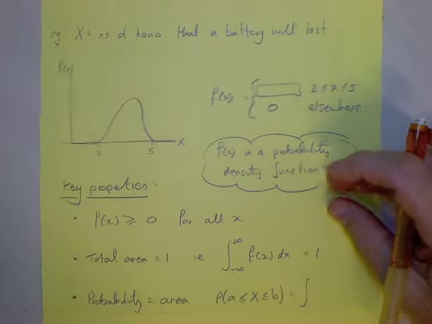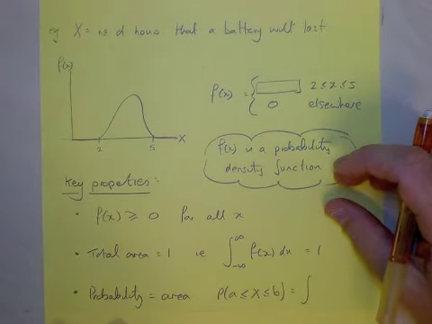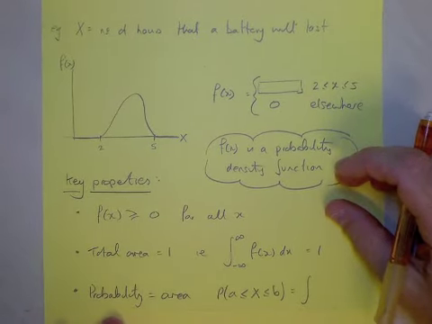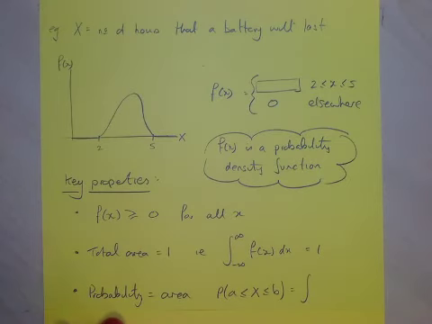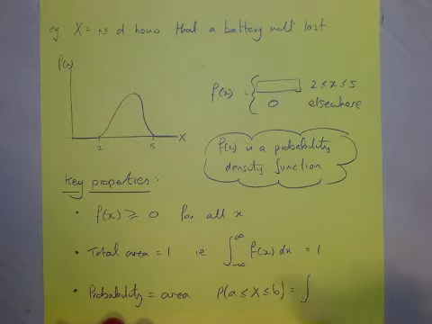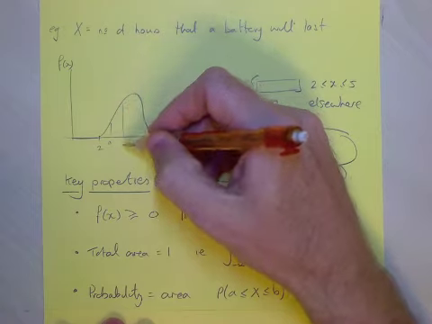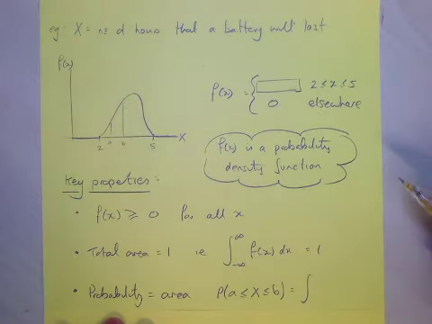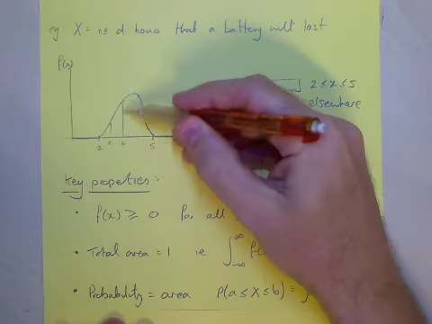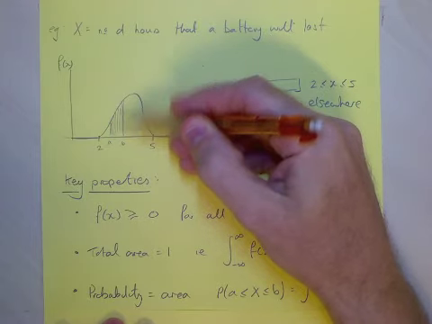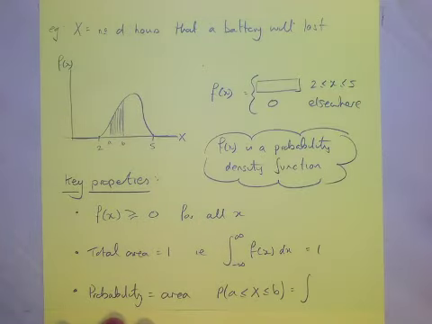This leads to the most useful property, which means that probabilities are given by areas. So if I'm asked, for example, the probability of the battery life being between 2 particular values, let's say we had A here and B here, I know that the probability that the battery life is between these 2 values is going to be given by the area.